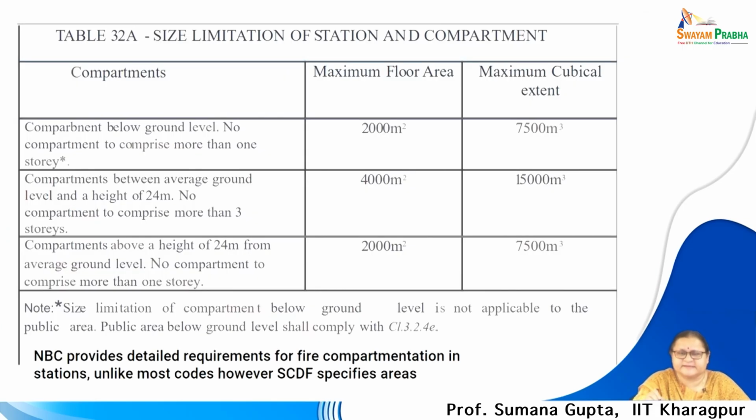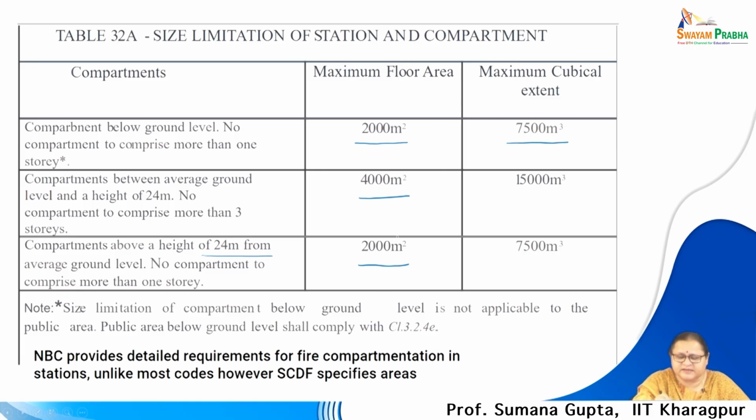Here are sizes of compartmentation mentioned, which are to be maintained, but you can see here the dimensions are 2000 square meter, 7000 meter cube volume, cubical extent, 4000 meter square, 2000 meter square compartment, above height of 24 meter from average ground level.